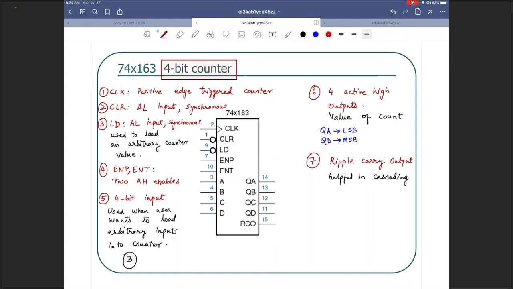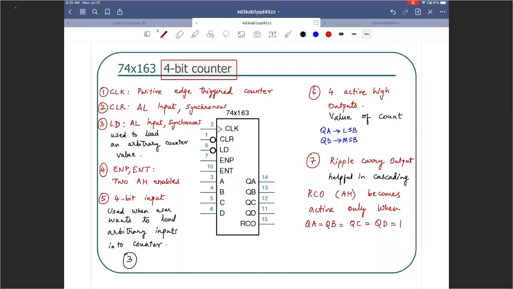So RCO is an active high output, and it becomes active only when all outputs QA, QB, QC, QD are 1.